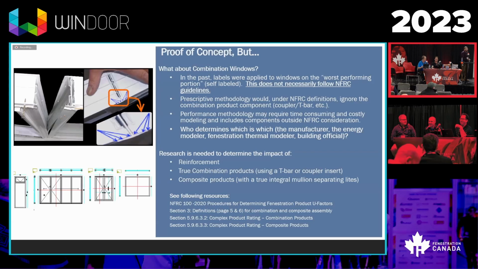So we have a proof of concept. We know that it can work. I have some other examples that we can chat on a bit here. There are still some questions that we need buy-in from industry that we're working on. We had a great meeting this morning about what do we take next, but you know, what about couplers? What about reinforcing that's not covered within the frame?